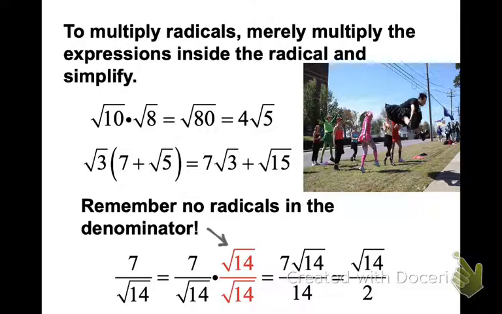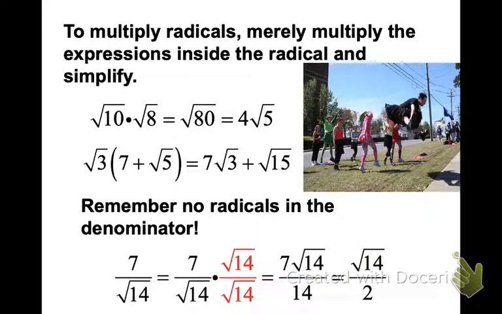By doing that, 7 times square root of 14, and then square root of 14 times the square root of 14 is square root of 196, and the square root of 196 is just 14. So it's always just going to be the value that's underneath the radical. Then, once we do that, we ask ourselves, I wonder if I can simplify it a little bit more. And so we look at the 7 and the 14, and that reduces to square root 14 over 2.